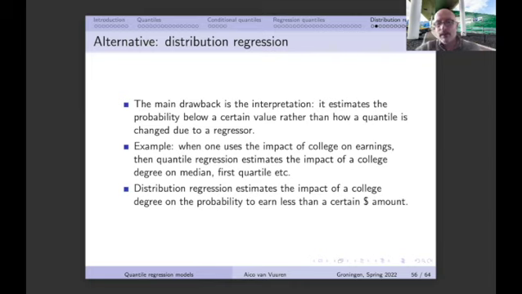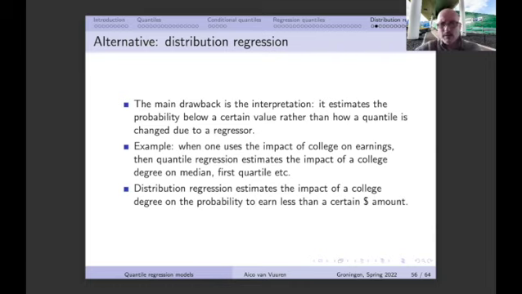Well, this impact of course is negative. We can expect that individuals with a college degree are going to have higher wages, so the probability that they will earn less per month than say 5,000 euros is going to go down, because they have a higher likelihood to actually earn more than 5,000 euros.